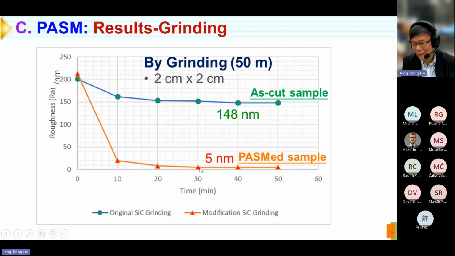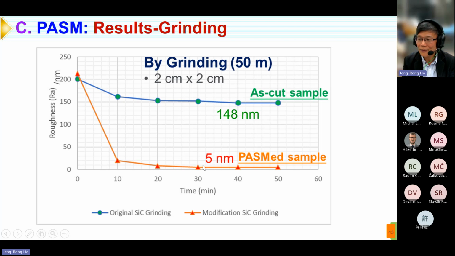It cannot be reduced anymore, because the particle size on the sandpapers limited the final surface roughness of the ground surface.